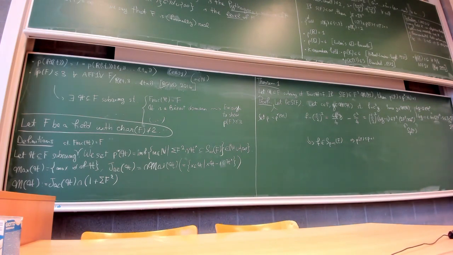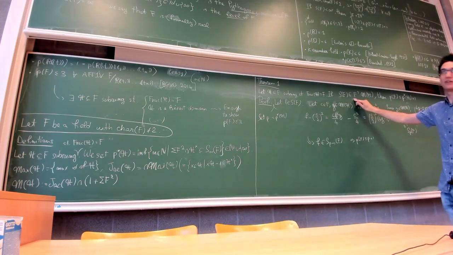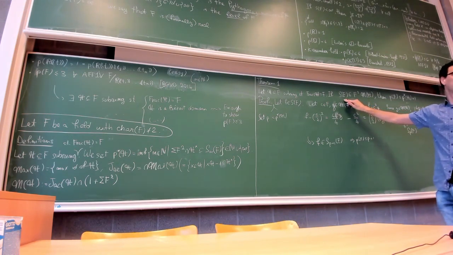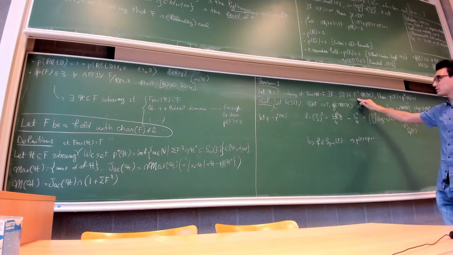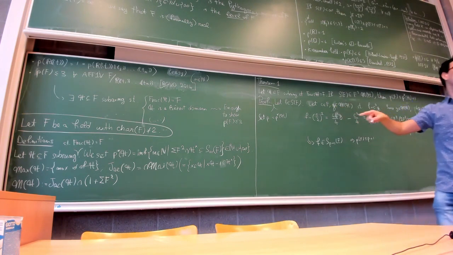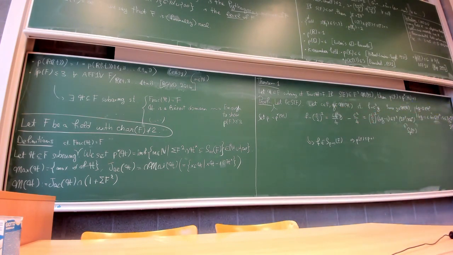So you see, I managed to give a bound on F, provided I can find a very nice H. But okay. First of all, in order to have a concrete bound, I must be able to compute P star. So it's already something. But let's assume that we are able to do this. But even then, I still have to show that any non-zero sum of squares can be rewritten as a square times an element which is in the Jacobson radical and that can be written as 1 plus a sum of squares.